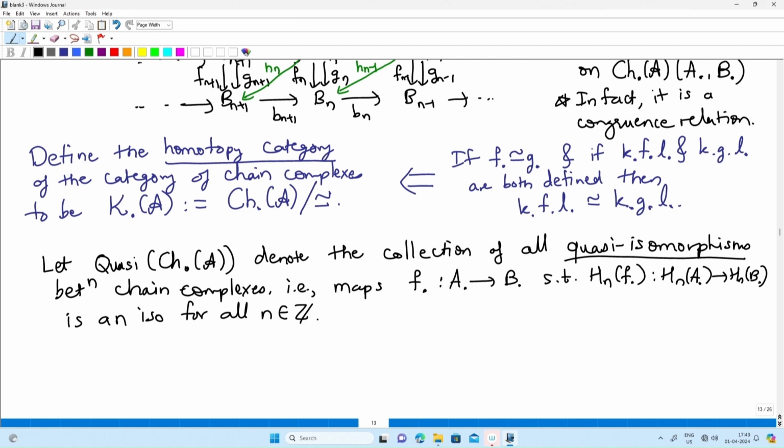And quasi actually suggests that we would like to invert them. We have already discussed one method of formally inverting maps. You remember the method? What do we call it? Localization. Exactly.